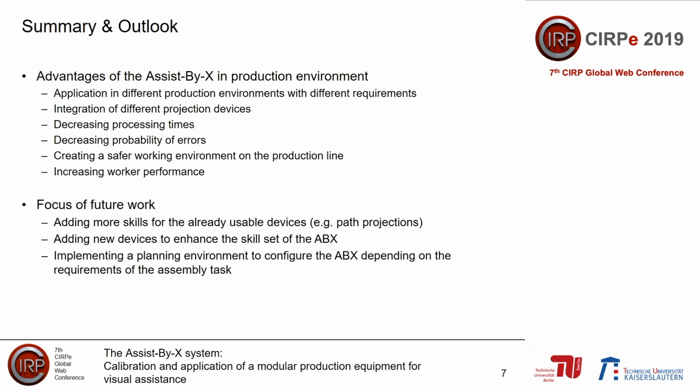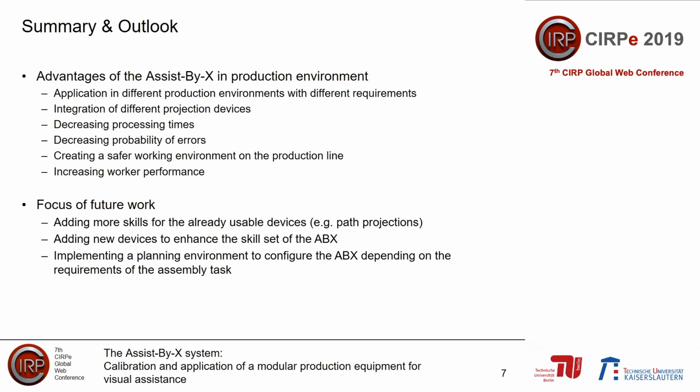With the simple implementation of different projection devices with the help of MQTT and Node-RED, programming effort is reduced while the possible application range is increased, whereby the application in different production environments is ensured.